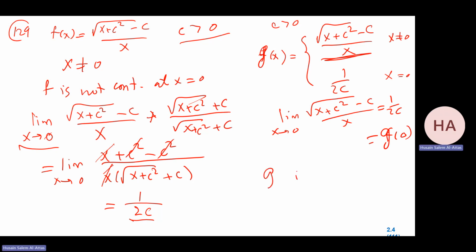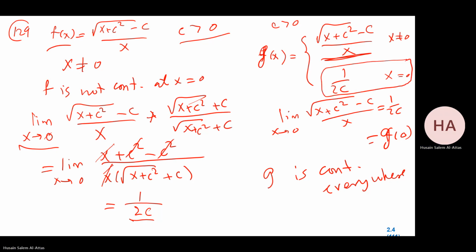So g is continuous everywhere. I redefined f by adding only 1 point to make it continuous. Since the limit exists, I have a removable discontinuity. And this is the meaning of removable discontinuity: I can remove the discontinuity by a simple definition.